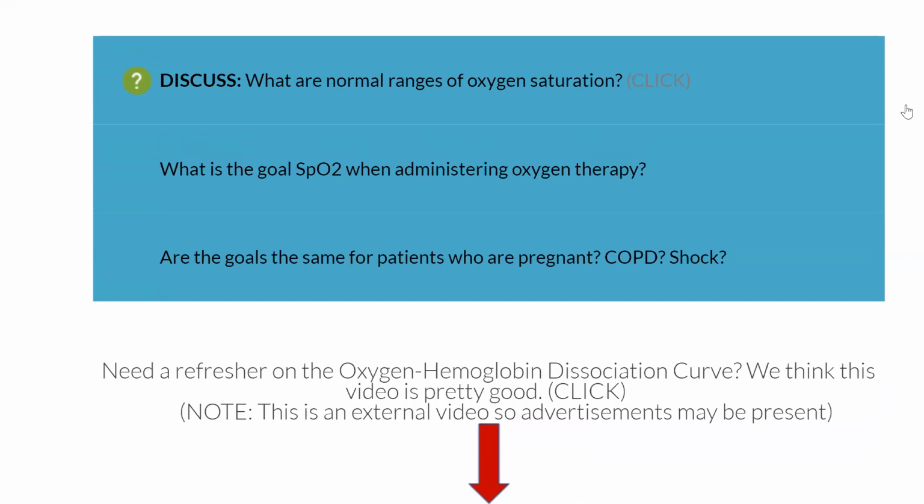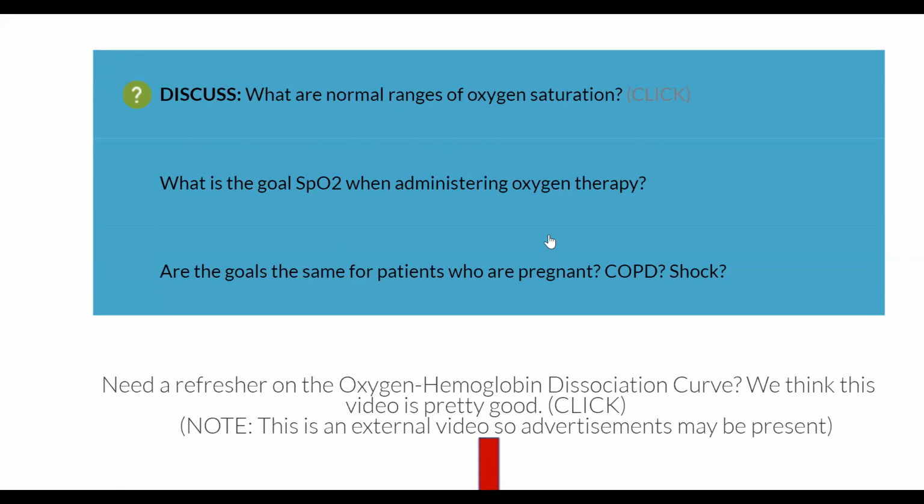And once you know that, what is the goal? Think about the goal of oxygen therapy. And as you may remember, there will be goals which may be different depending on the presentation of the patient. If you are pregnant, if you have COPD, or if you are in shock.